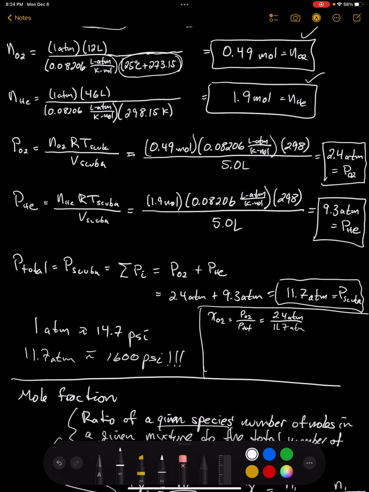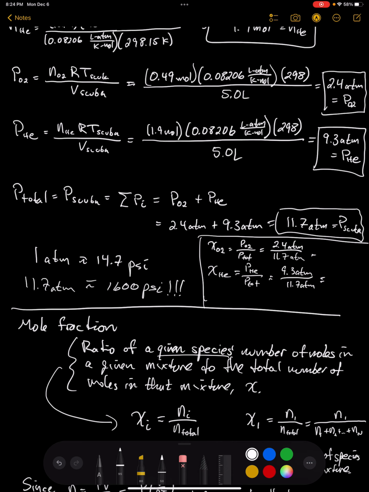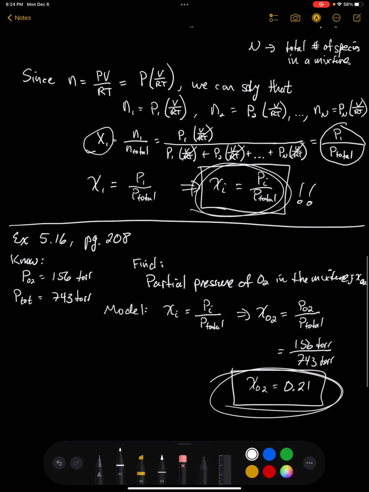Likewise, the mole fraction of helium in the tank is the partial pressure of the helium divided by the total pressure. So this is 9.3 atmospheres divided by 11.7 atmospheres. Okay? So I didn't calculate those numbers, but I just wanted to show you that we could, in fact, have calculated the mole fraction from the previous example if we knew the concept of mole fraction at that point.